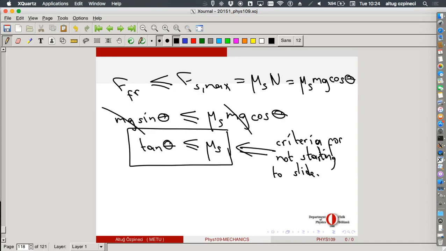Well, ideally, when it is exactly equal, it will not slide. But in real life, you can never have theta exactly equal to theta max. There will always be some error bars. So theta will be either larger or smaller. So since you are determining theta max from the condition that it starts sliding, when theta is equal to theta max, it will start sliding.